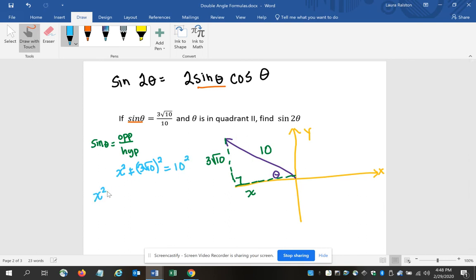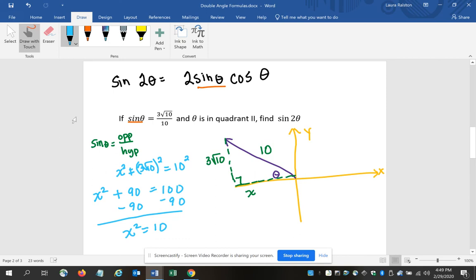So I have x squared plus 3 times 3, which is 9, times square root of 10 squared, which would be 10. So that's 90, equals 10 squared, which is 100. Subtract 90 from either side. x squared is 10.